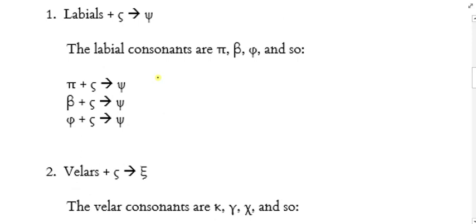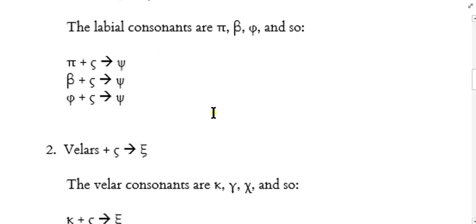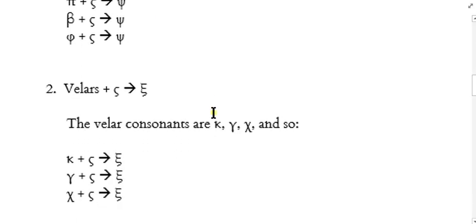Now, velars are those consonants which are produced in the upper back of the soft palate area. You know where that little punching bag hangs out down where your throat is? That's the velar region. And these are where the back of our tongue lifts up to make contact with that velar area.